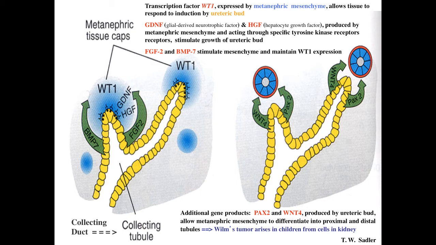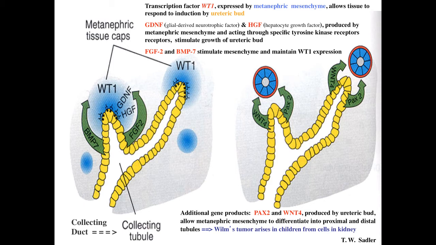Fibroblast growth factor 2 and bone morphogenetic protein 7 stimulate mesenchyme and maintain expression of WT1. There are additional gene products like PAX2 and Wnt4 that are produced by the ureteric bud. This allows the metanephric mesenchyme to actually differentiate into the proximal and distal tubules.